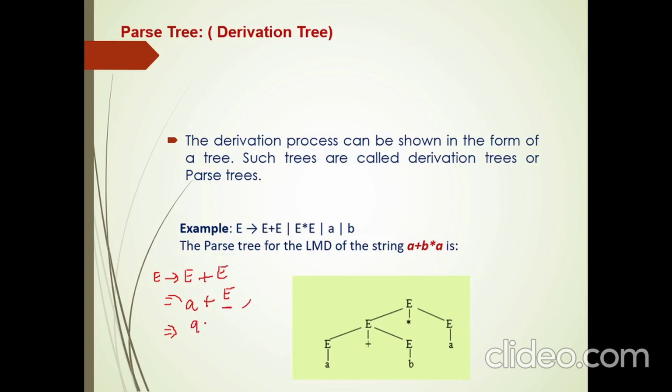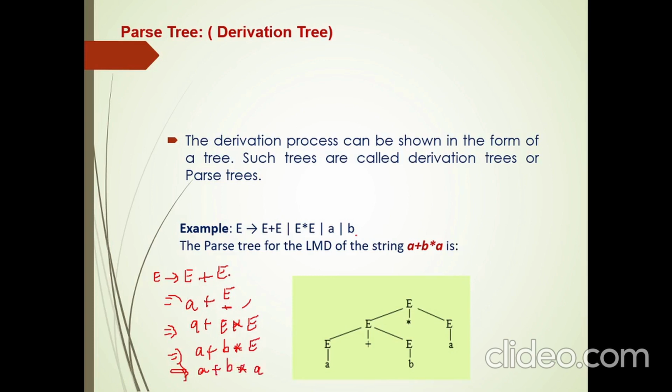So it's better to replace this E by this production, E star E. And then after plus I want B. That's why E gives B. So I replace E by this production, B star E, and finally I want A. So A plus B star A.